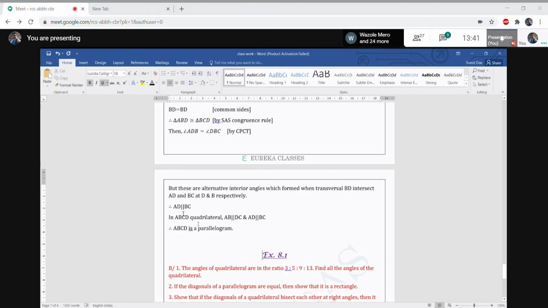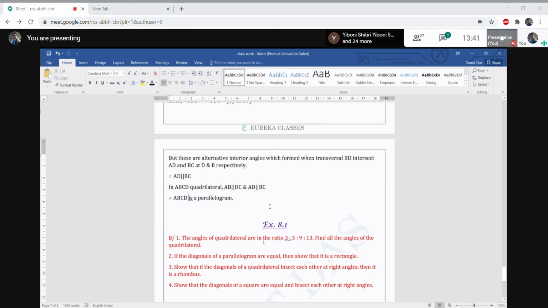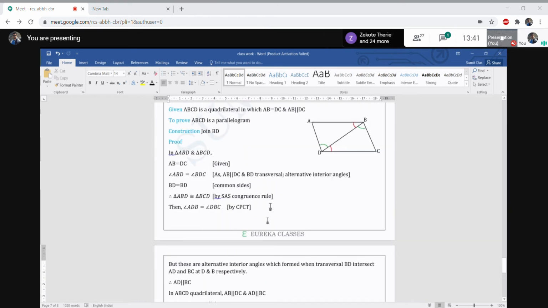If anyone has any doubt regarding this theorem, you can ask me now.